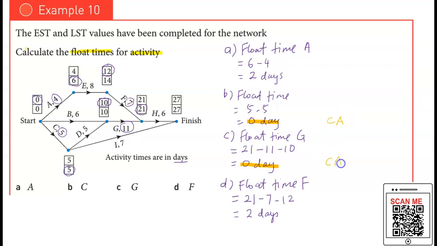Critical activities will always have a float time of 0. Now what about the other activities which have non-zeros? So from here, I see that the float times that are non-zero are actually here. And what can I conclude from here? The activities which have non-zeros are actually what we call non-critical activities.